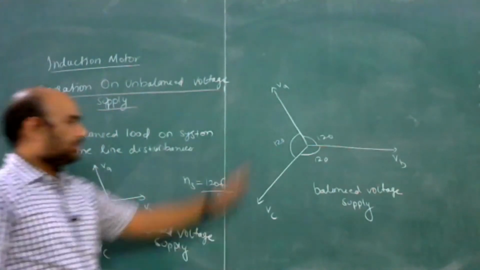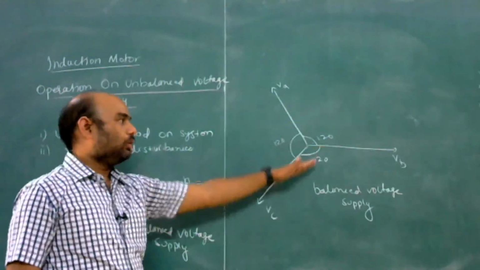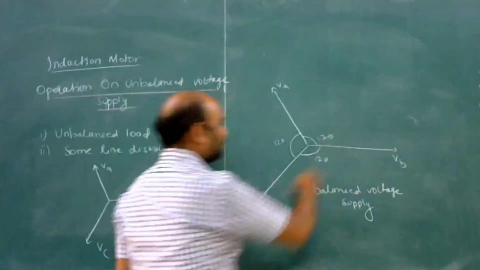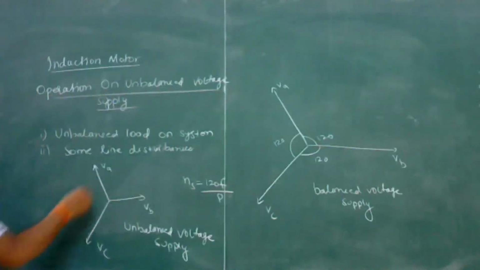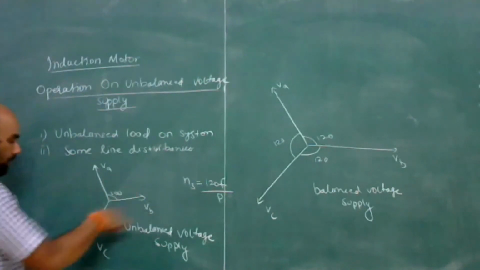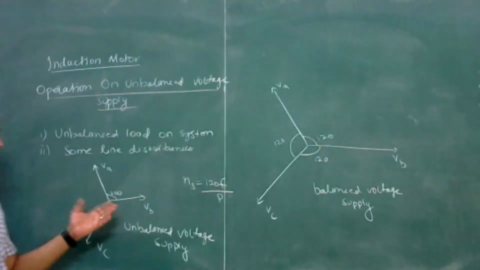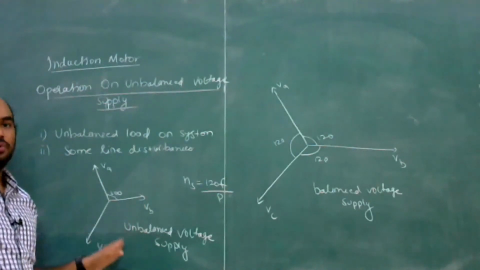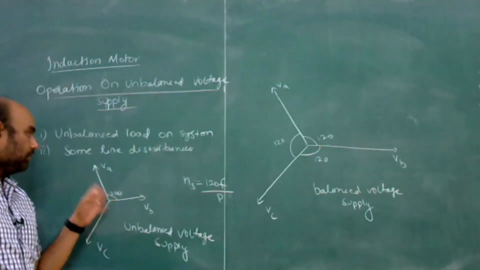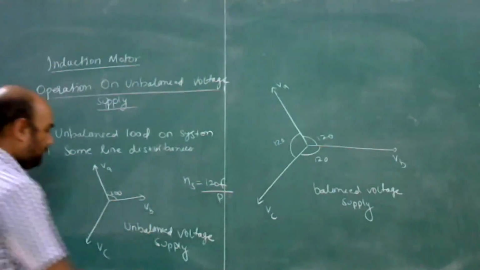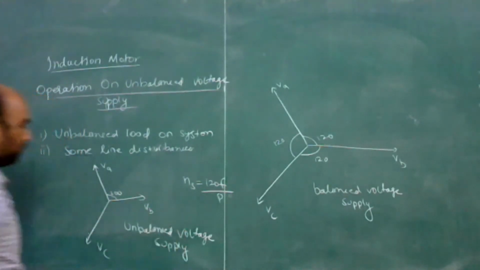So a balanced voltage supply has all voltages displaced by 120 degrees with the same magnitude, but in an unbalanced system, it may be 100 degrees. They will be displaced by different angles other than 120 degrees, and their magnitudes will not be equal to each other. So this is the unbalanced voltage supply.